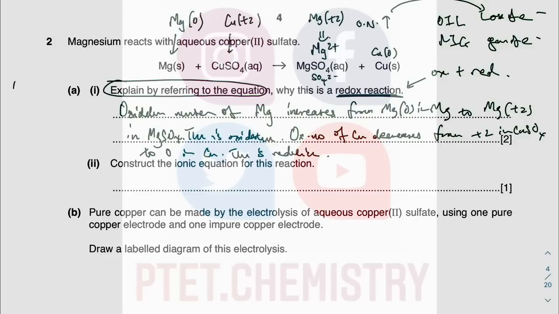What you could do, as an alternative because you might not have done oxidation number, is answer in terms of electrons. The Mg goes to Mg2+. I don't include the sulfate because the sulfate ions are spectator ions. These are aqueous, meaning they are soluble. So you get Cu2+, SO4 2-, Mg2+, SO4 2-.